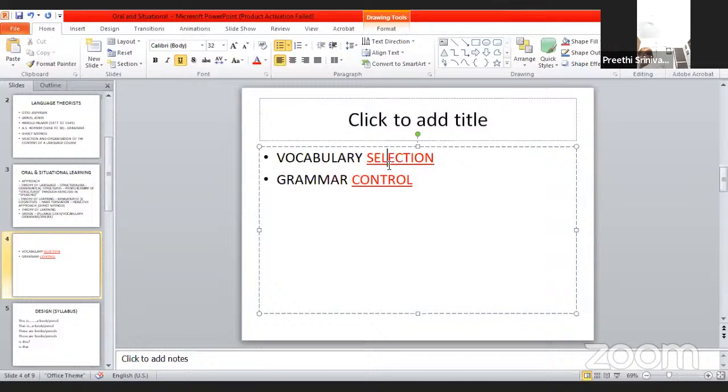And Palmer believed that vocabulary was one of the most important aspects of foreign language teaching. And then you have the Coleman report, which also stated that vocabulary is an important part of reading proficiency.